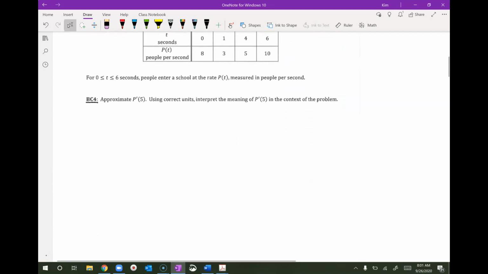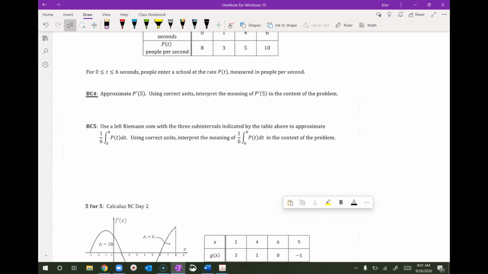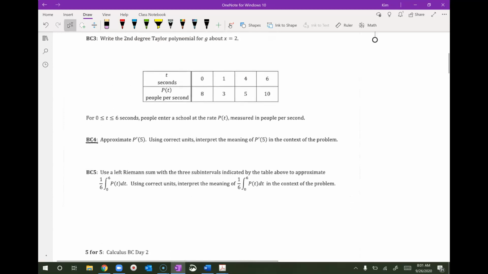All right. Then it takes us down here to BC4, approximating p prime of 5. I think it's very important, before you approximate something where they want you to interpret and use units, to be familiar with the units that you have. Right now, P is in people per second.